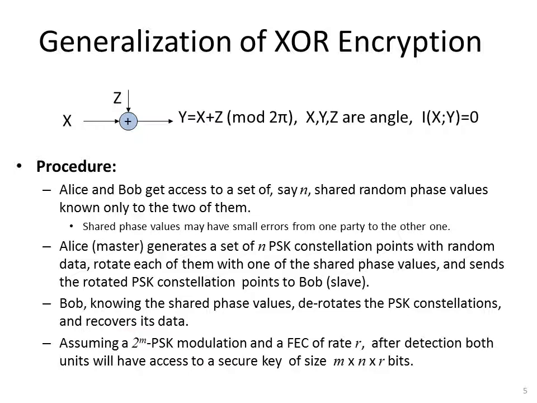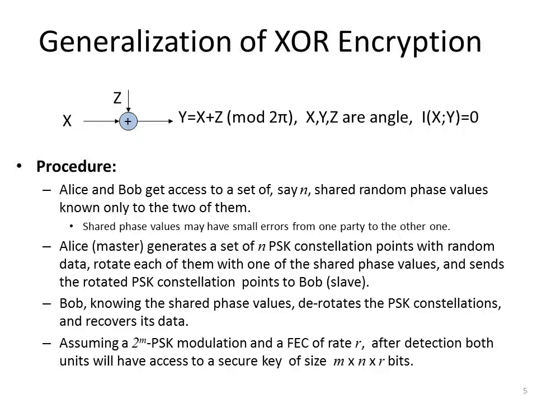So after this derotation, we will have a PSK constellation that has a slight rotation because of the possible mismatches between the shared phase values that Alice has used versus what Bob has used to derotate it, and also obviously in the process of transmission we have noise.